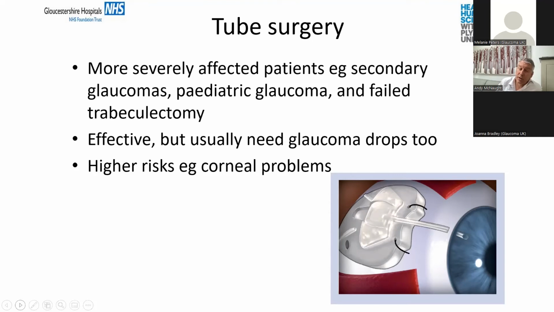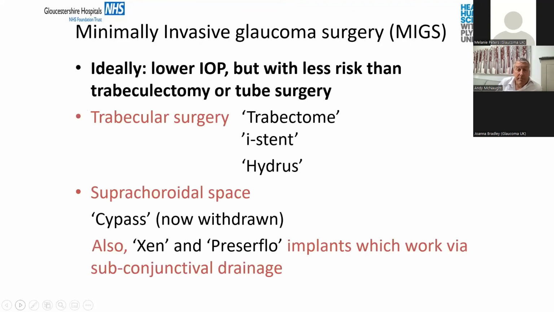You often need to use drops as well, and there's some risk involved because you're basically putting a bit of plastic inside the eye, a plastic tube, and that's not always very good for some other parts of the eye, the cornea, for example. So there are long-term risks from having a plastic drainage tube put in your eye, but usually they're reserved, as I say, for the more severely affected patients that would otherwise lose their vision from the glaucoma if it wasn't treated properly. Next slide, thanks.